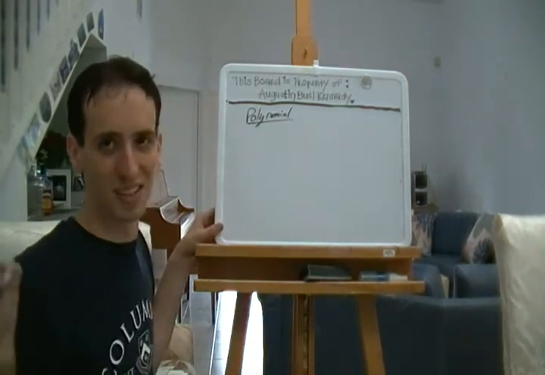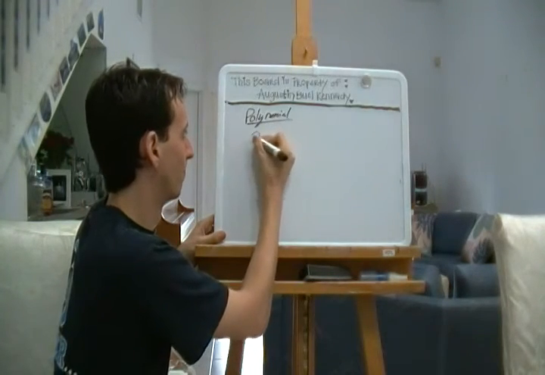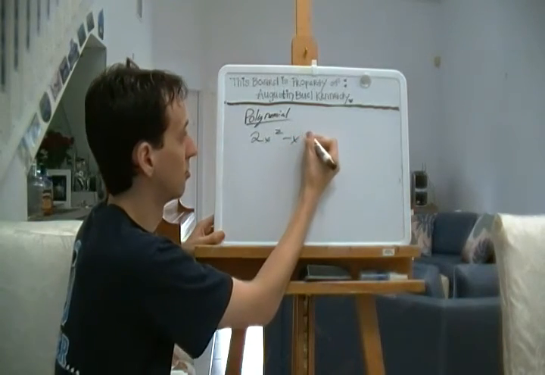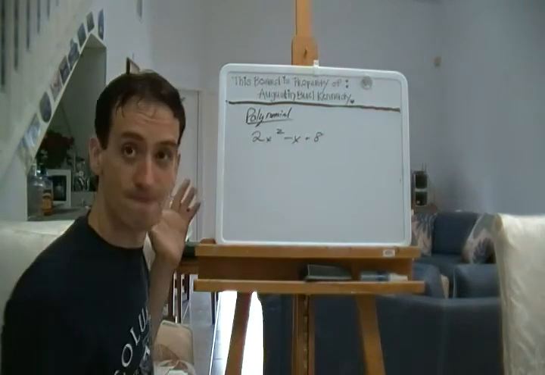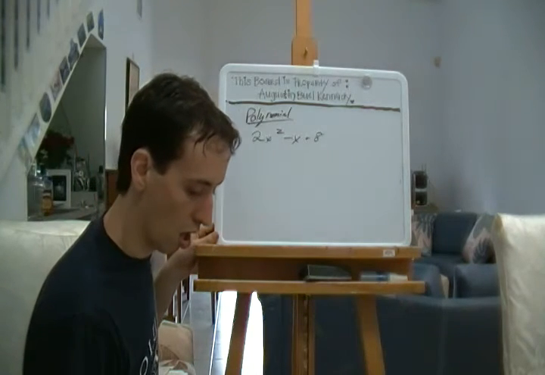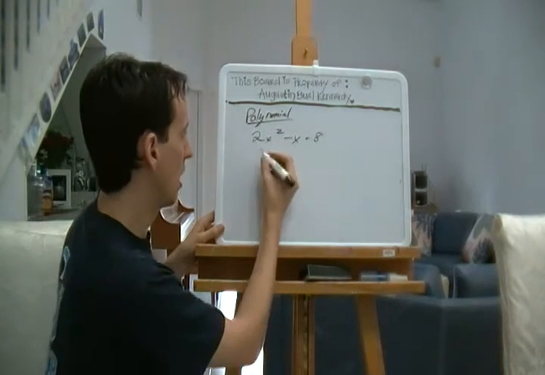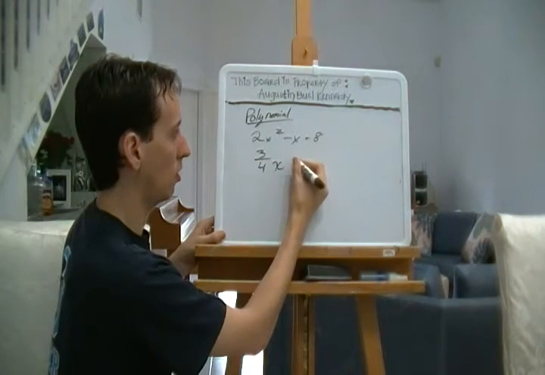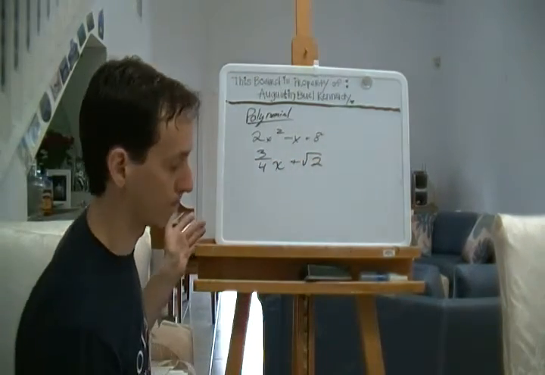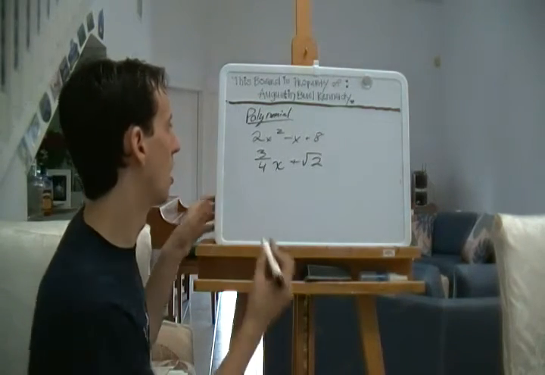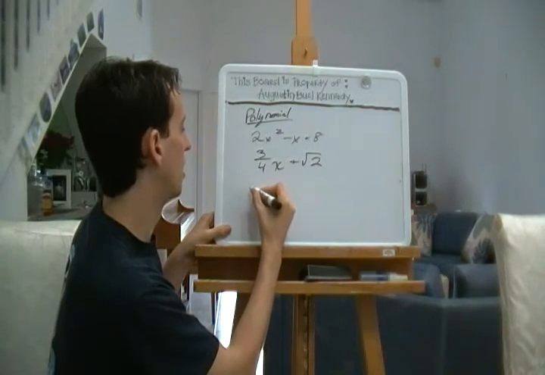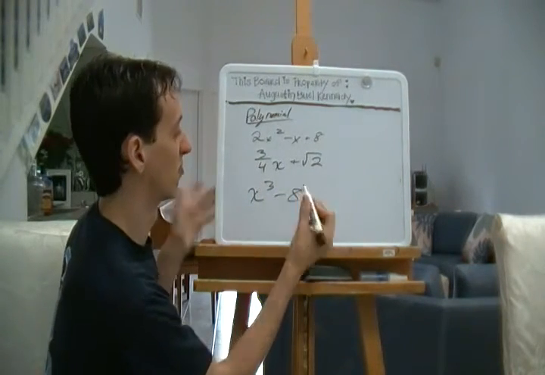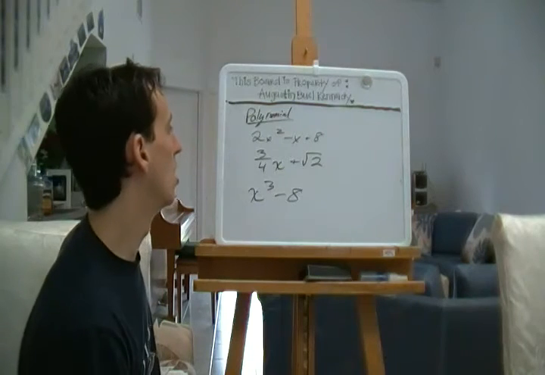But basically, here are some examples of polynomials. 2x squared minus x plus 8. That's a polynomial. Another polynomial is 3/4 x plus square root 2. That's a polynomial. Another polynomial is x cubed minus 8 for simplicity.